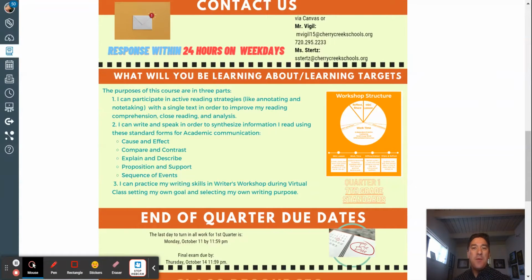So let's get to the bare bones of what we're going to be learning about. We're going to be practicing our academic communication, which means that we'll be speaking and writing and listening in ways that are affected by cause and effect, comparing and contrasting, explaining and describing, proposition and support, and sequence of events. And we'll be doing that through two different modes.